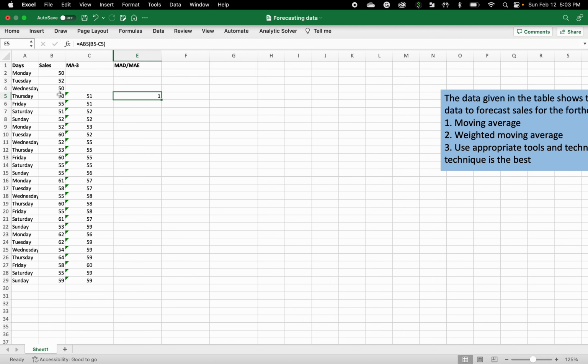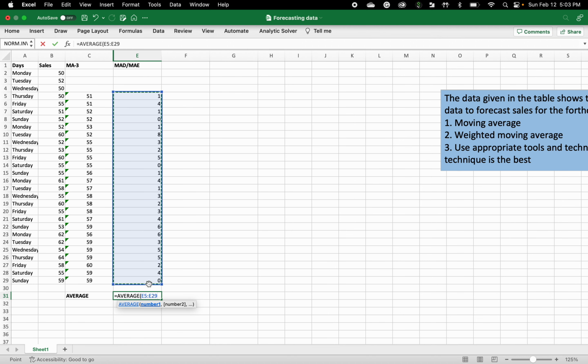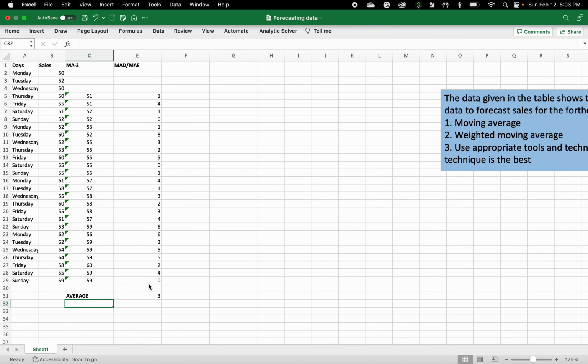So here you see that 50 minus 51 should have been -1, but because we are taking absolute value, it only appears as 1, rather than -1. And then we can again drag it here, and here let me take average. So we take the average of this whole column, and that's called mean absolute deviation or error.